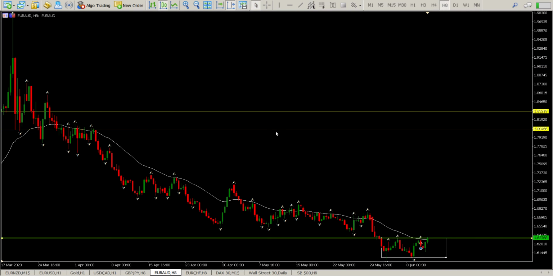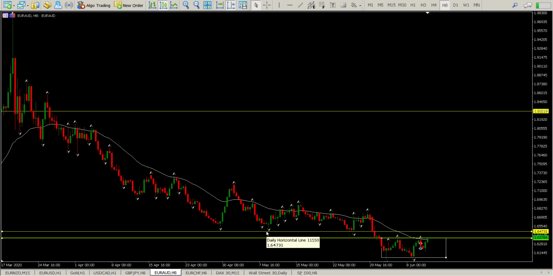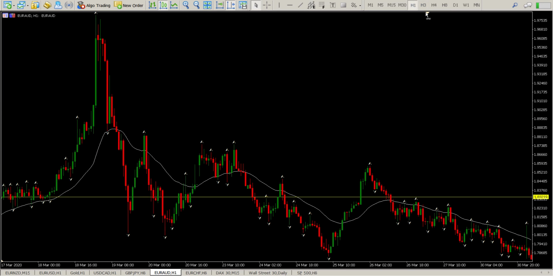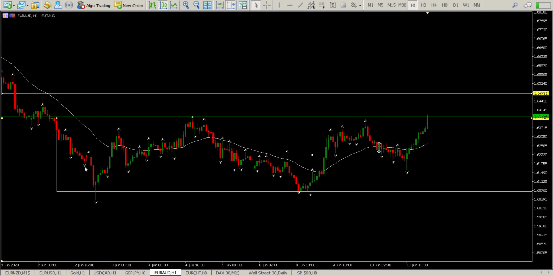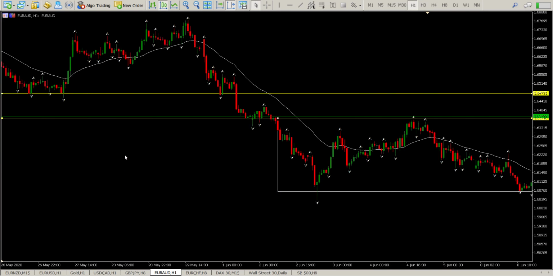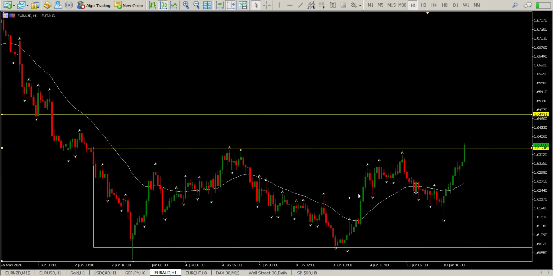But bear in mind that we've got a bit of resistance above it. So just coming down to the hours. Now, the reason why this one is very interesting is this kind of price action here is very typical after a move to the downside of a reversal.